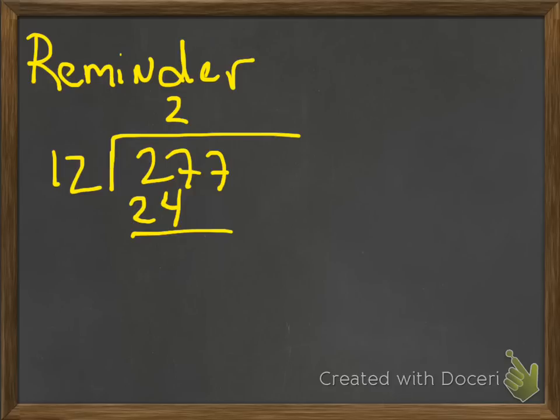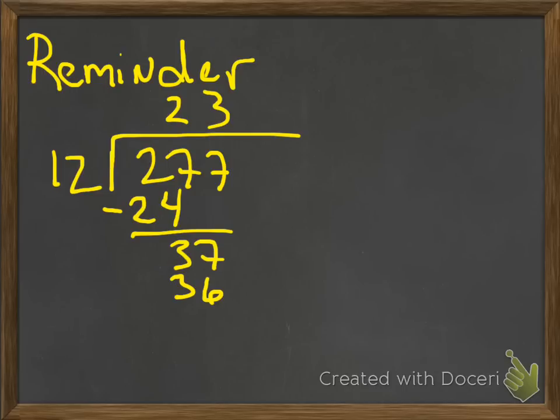So we're going to make that a minus, change the sign, and then subtract. 27 minus 24 is 3. Bring down the 7, and then 12 divides into 37 3 times, since 12 times 3 gives me 36.